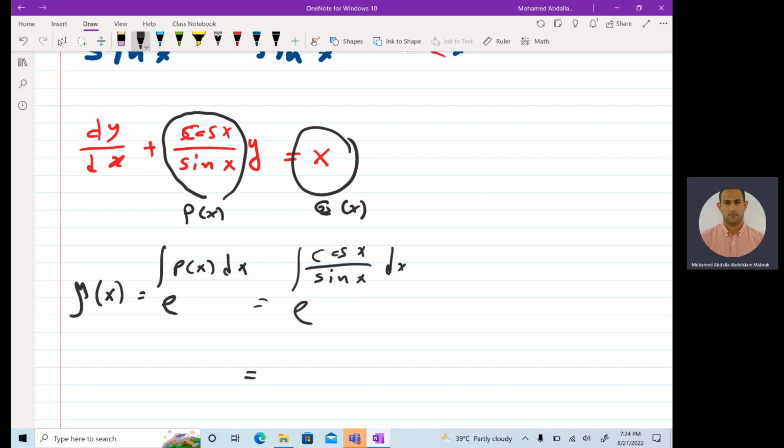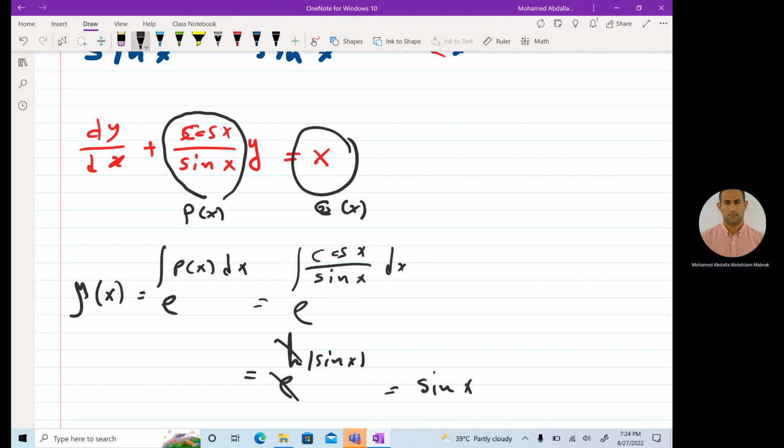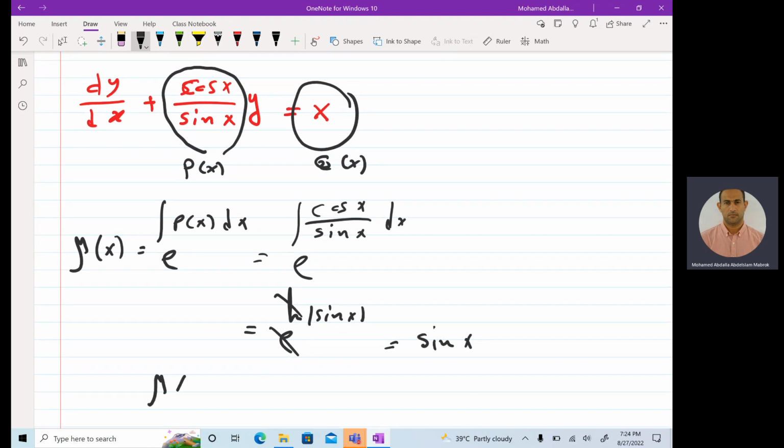What is the derivative of sine x? It is cosine x. So this is e to the power ln sine x, which is, the e and ln will go, so it's sine x. So that's your mu, or your integrating factor.